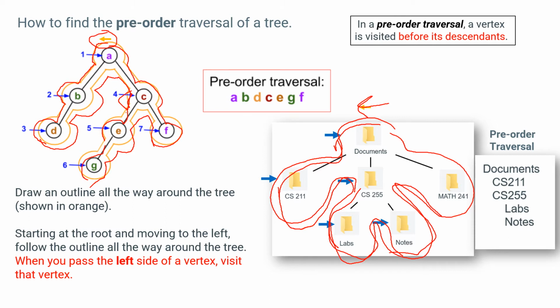Now I'm to the left of Math 241. And I'm back to the top, and I've visited all of the vertices. So that is pre-order traversal. This is a pretty easy little method to find the order of a traversal, and this one is for the pre-order.